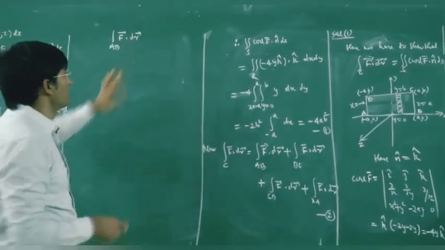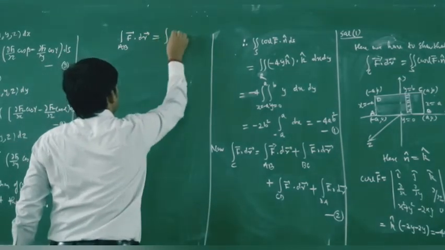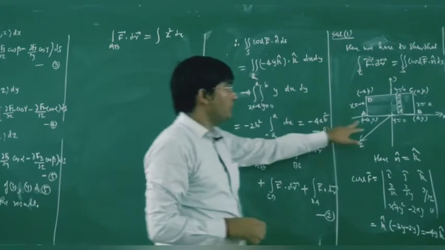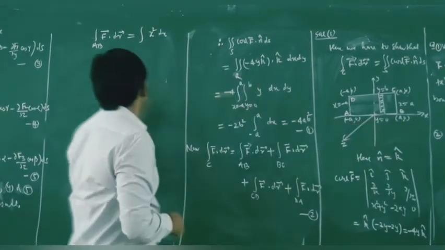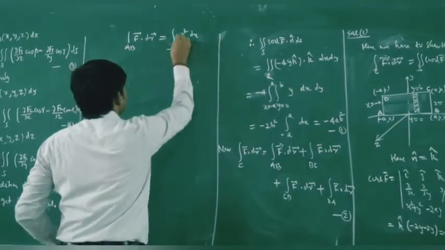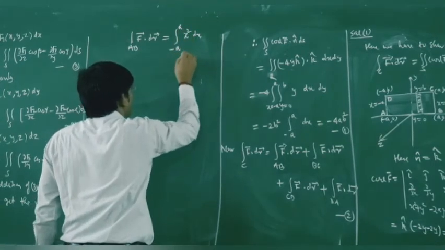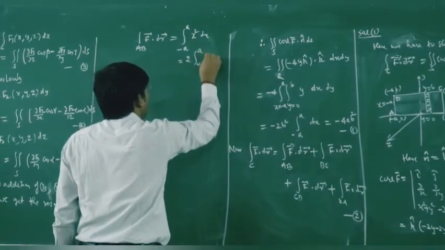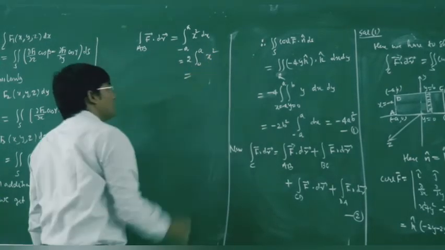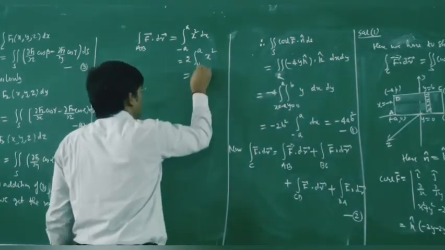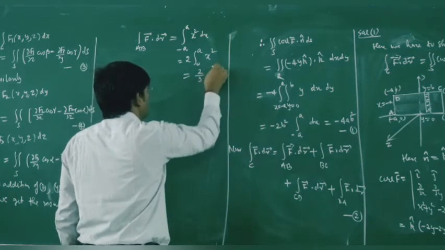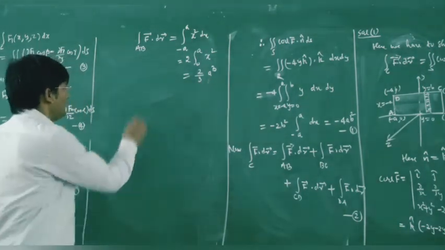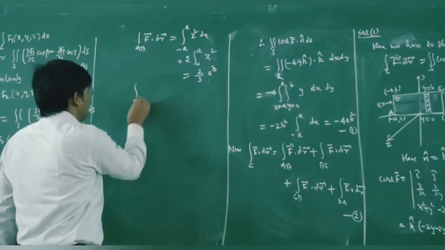So this will be x square into dx, and the values of x will be from minus a to plus a for this line AB. And as the function is even, we can write it 2 times, and the integration of x square will be x cube upon 3. So this will be 2 by 3 a cube. So the value of the first line integral is 2 by 3 a cube. Then the second line integral.